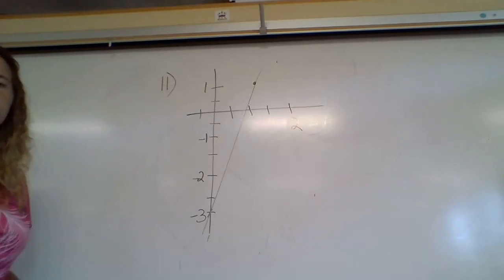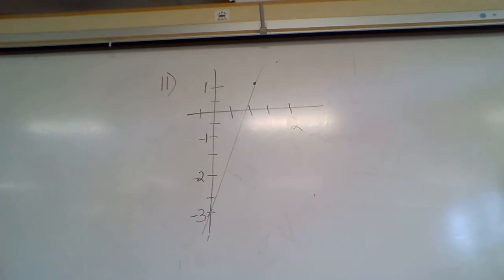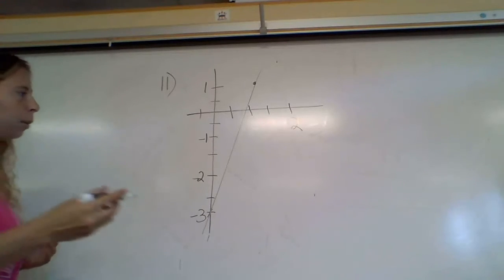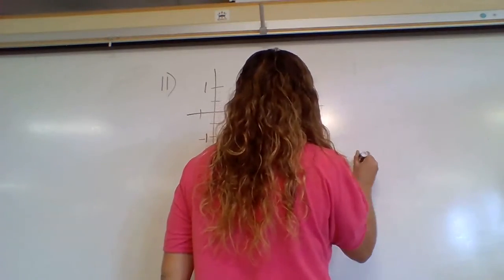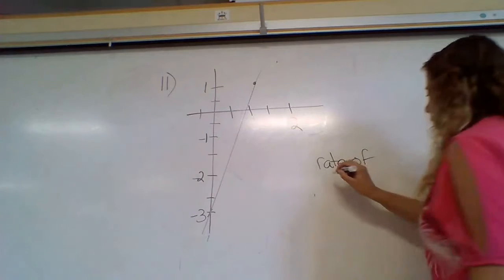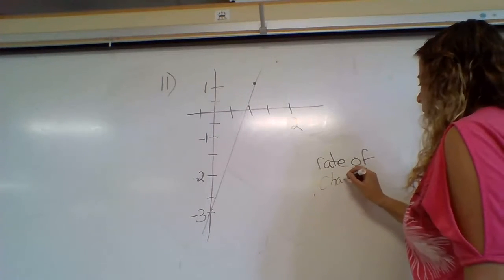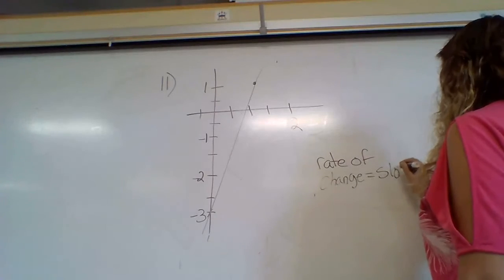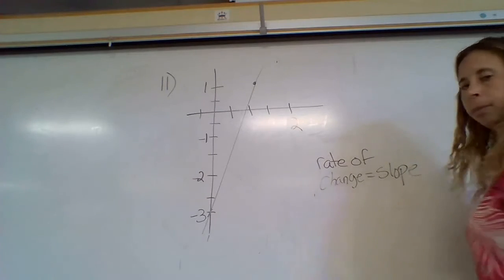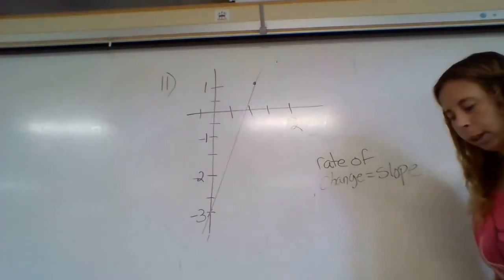Okay, this is review. It says identify the rate of change in each of the representations below. Rate of change equals slope. That just means slope. It's another way of saying slope.